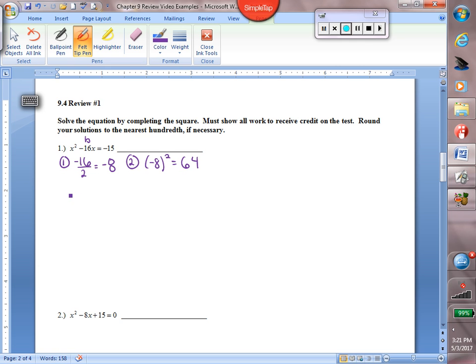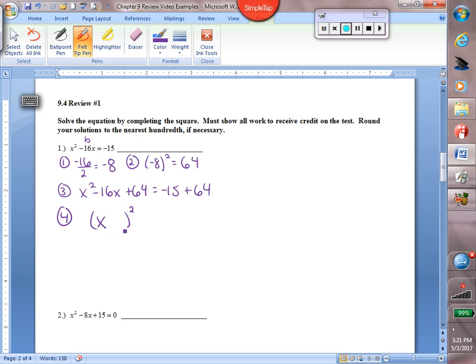After we square negative 8, we add the results of 64 to both sides of the equation. Then on the left side we have to factor. We had the nice shortcut. We made a square. Our variable is x.